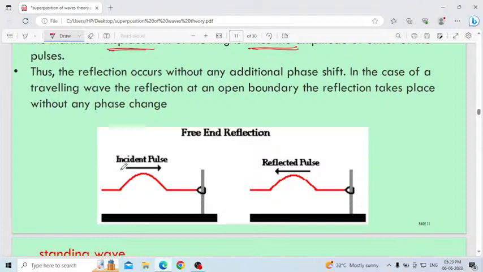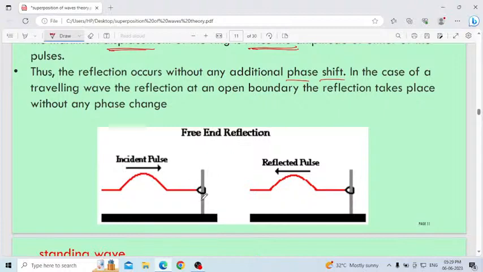Last time I told you the phase difference will be 180 degrees in the case of a fixed end reflection. But in the case of a free end reflection, there is no phase change. Phase will not shift at all, at an open boundary, this free movable boundary.